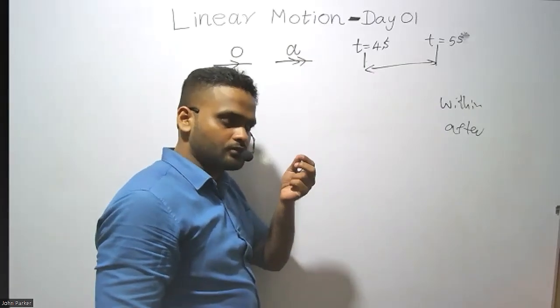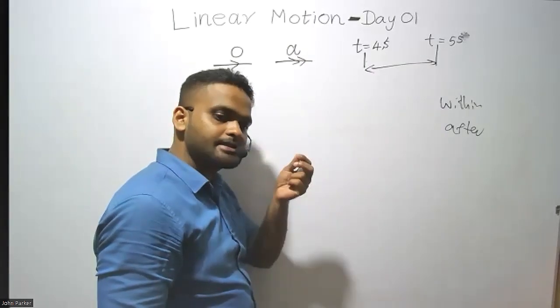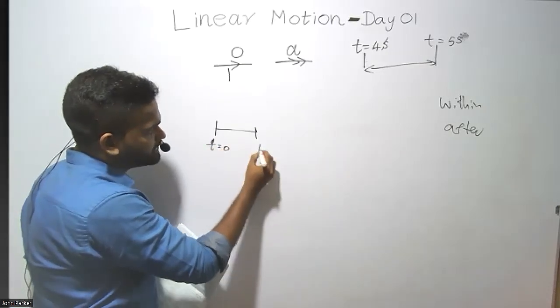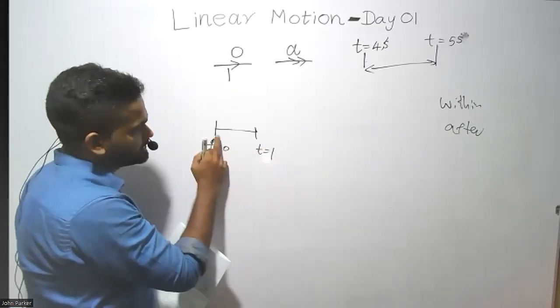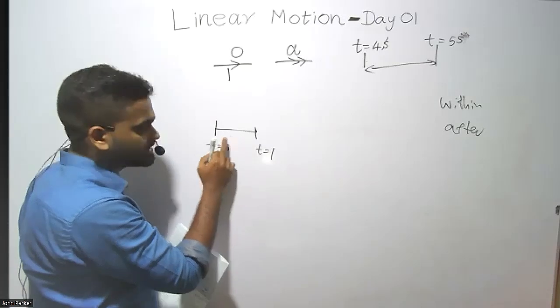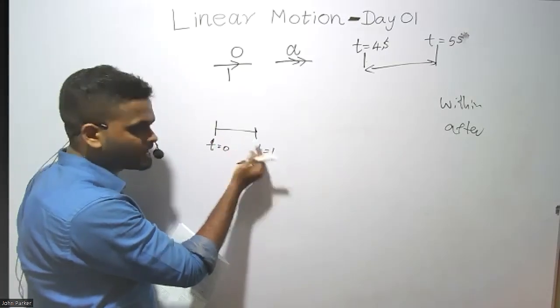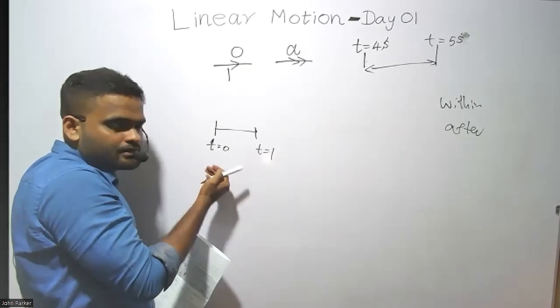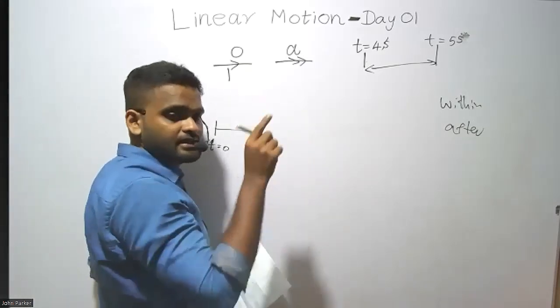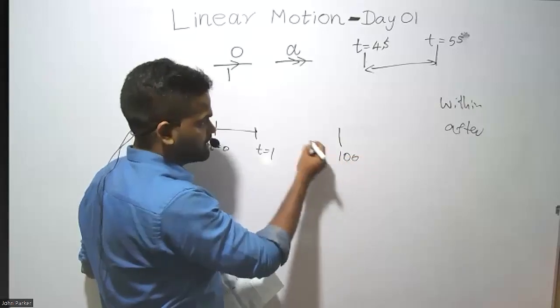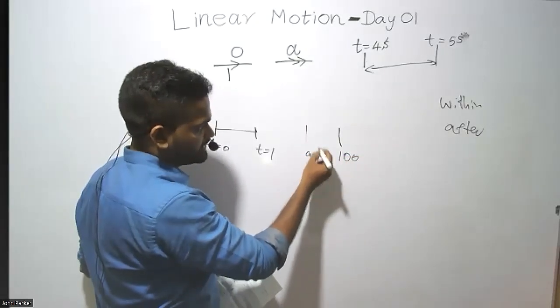So within the first second means from t equals 0 to t equals 1. This happened within the first second. So just a 1 before that, right? So if they say within 100 seconds, what should it be? 100, 99.